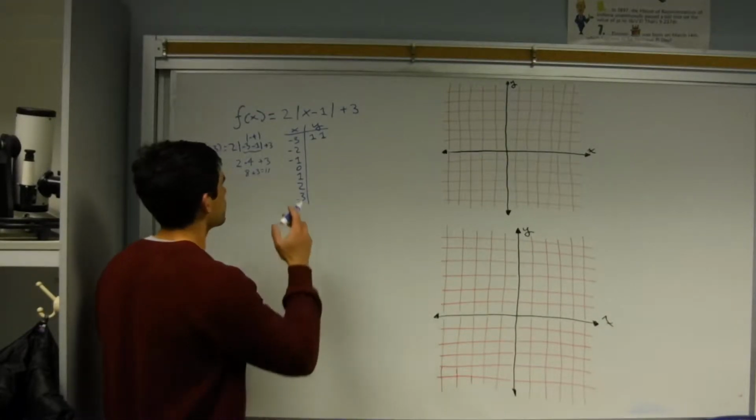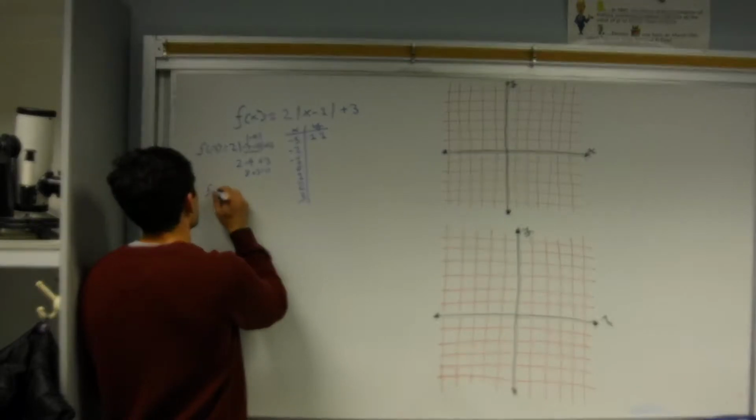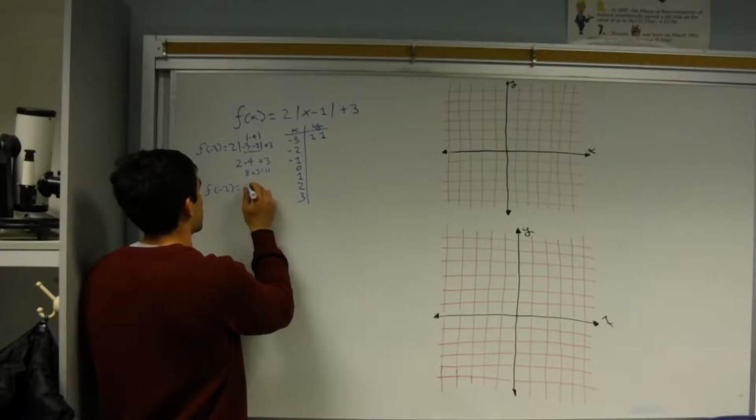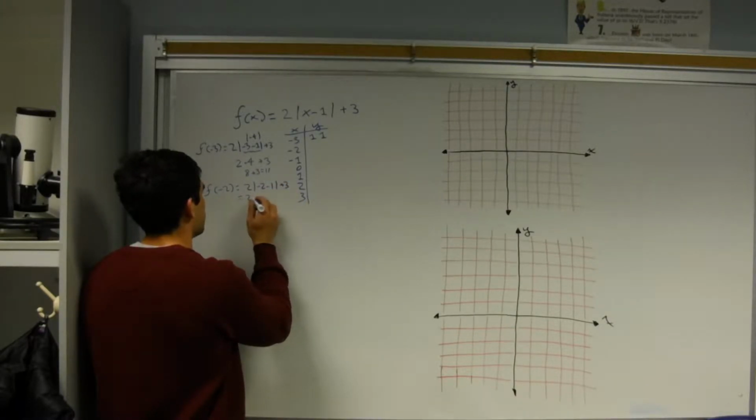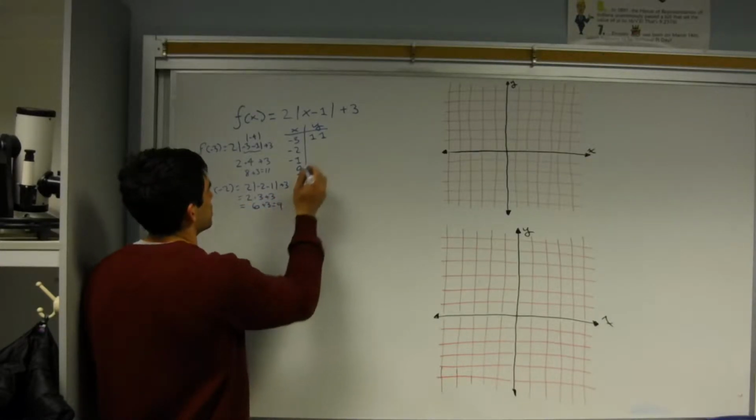So now f of negative 2 is going to be equal to 2 times the absolute value of negative 2 minus 1, plus 3, which equals 2 times 3 plus 3, which is equal to 6 plus 3, which is equal to 9.